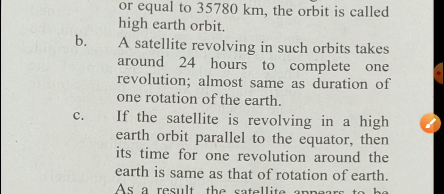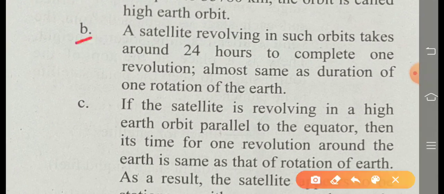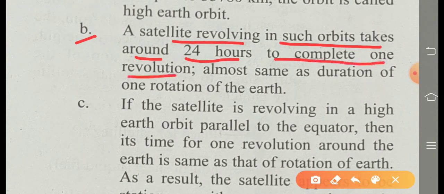Next, second point: a satellite revolving in such orbits takes around 24 hours to complete one revolution. Remember, the condition is given. A satellite revolving in which orbit? That is high Earth orbit.